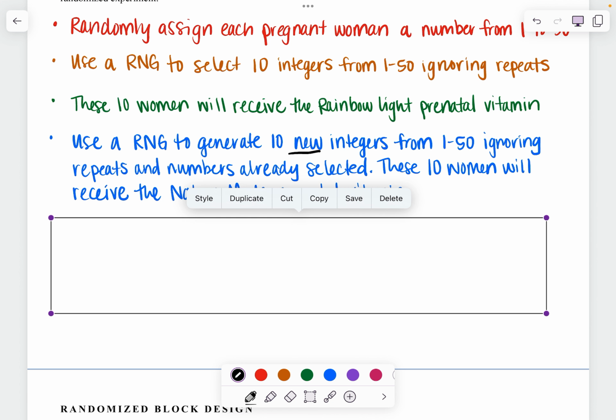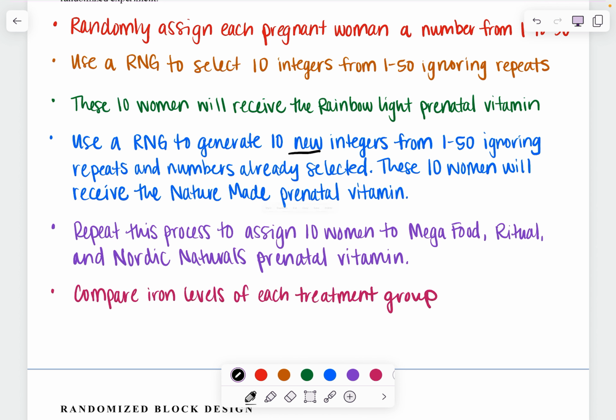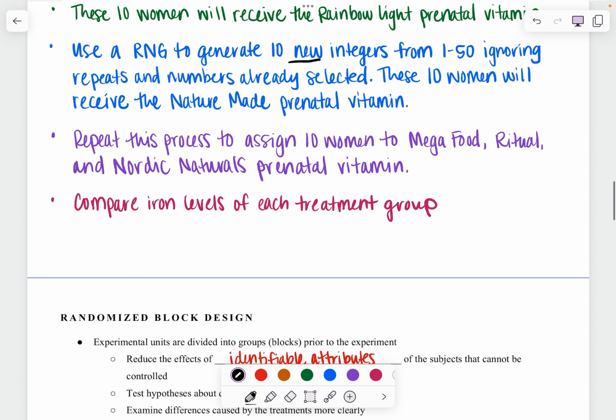And then once I've kind of established the procedure, once it's kind of felt like it's foolproof, you can go in and say, do this for the other 3 treatments. At the end, we are going to compare iron levels of each treatment group. The one thing that a lot of people forget is the very end, the closing statement.